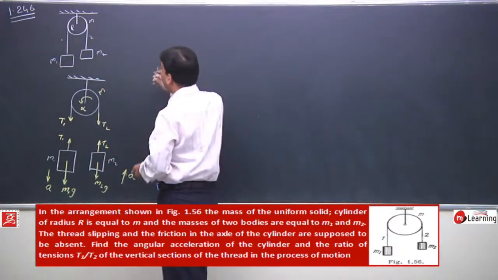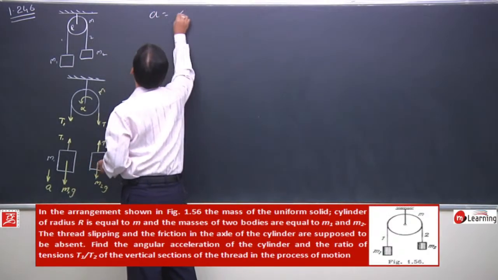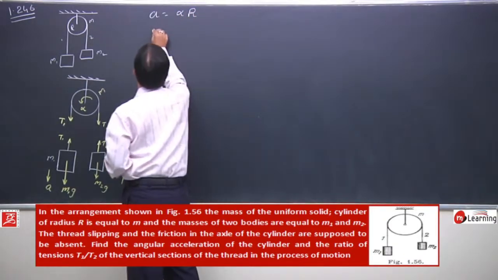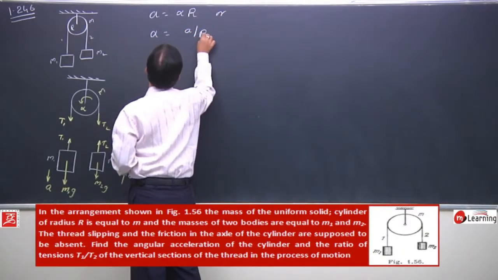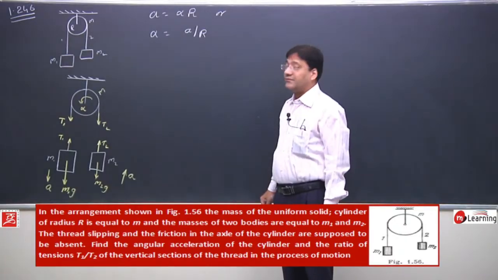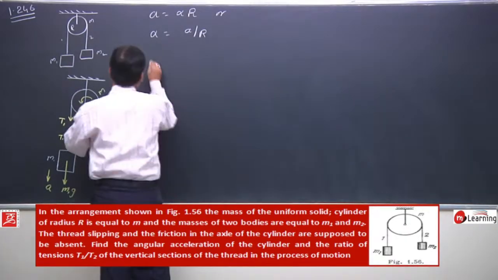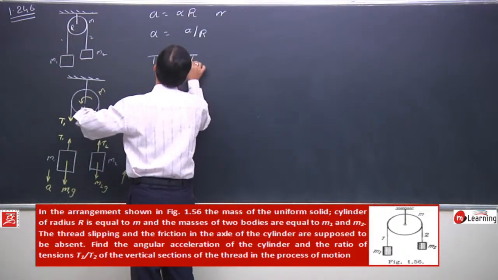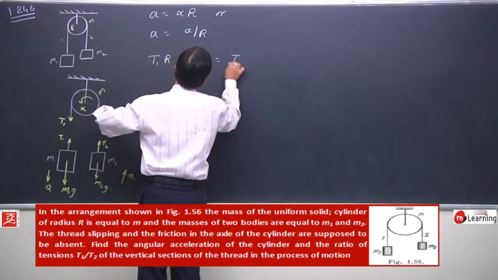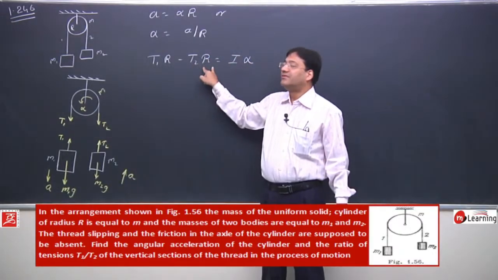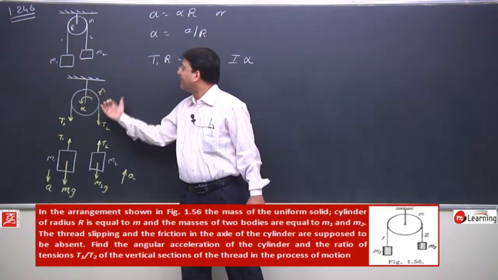Now I will write a is equal to alpha into r, or alpha is equal to a by r, first of all, since there is no slipping. Now I will write equation for this. T1r minus T2r. This is accelerating torque. Torque due to T1 is T1r.